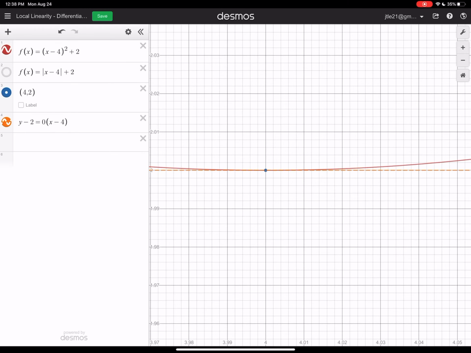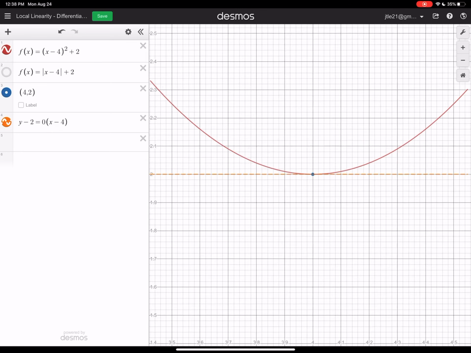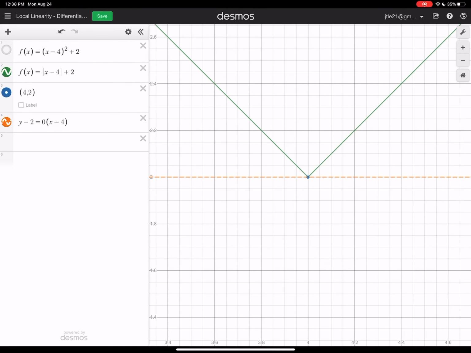To make this a little bit more useful, let's take a look at an absolute value now, which is this green function here. Can you tell which one is the absolute value and which one's the tangent line? Obviously you can. One is like a V shape, the other is like a horizontal line.